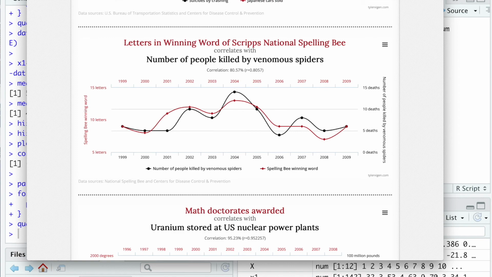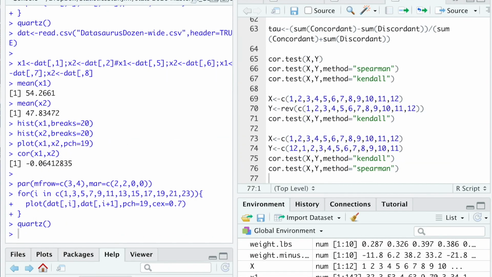So keep that in mind. Correlation, it ain't causation. The second thing that I want to encourage everyone to do, and we've been doing it up to this point, whenever we've played with data, either real data or simulated data, one of the first things that I always do is, if it's univariate data, I'm at least going to make a histogram. I just want to get an idea of what the data look like. Is it normal? If it's not normal, is there something I can do to it so it could become normal?